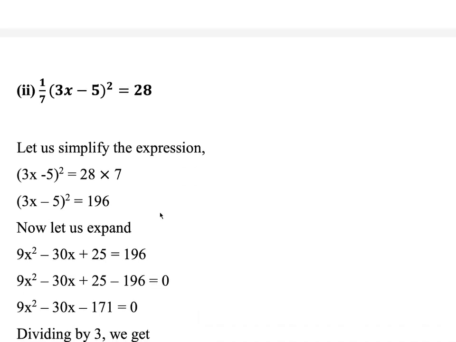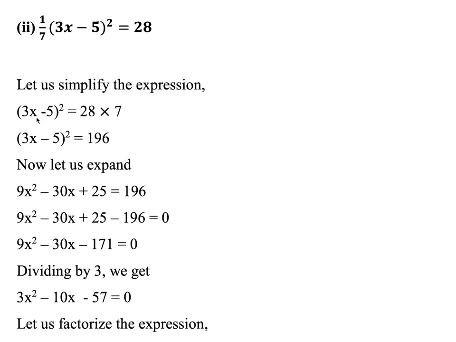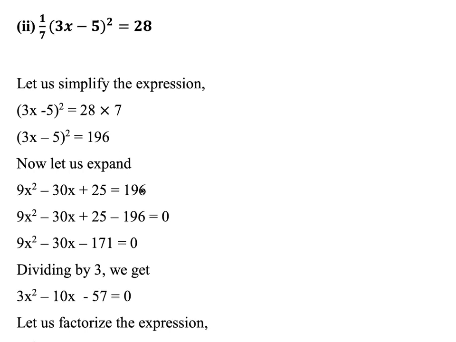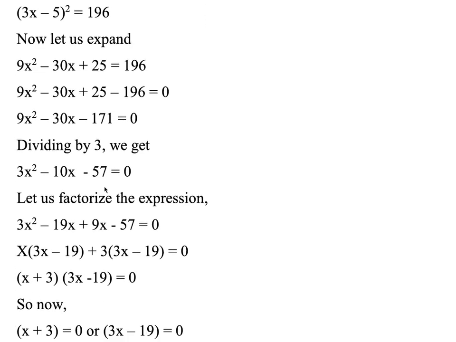Come to the next problem. 1 by 7 (3x minus 5) square is equal to 28. So let us simplify the expression, that is (3x minus 5) square is equal to 28 into 7, that will be equal to 196. After that, a little bit of simplification, divided by 3, and we are reducing the equation a little bit.